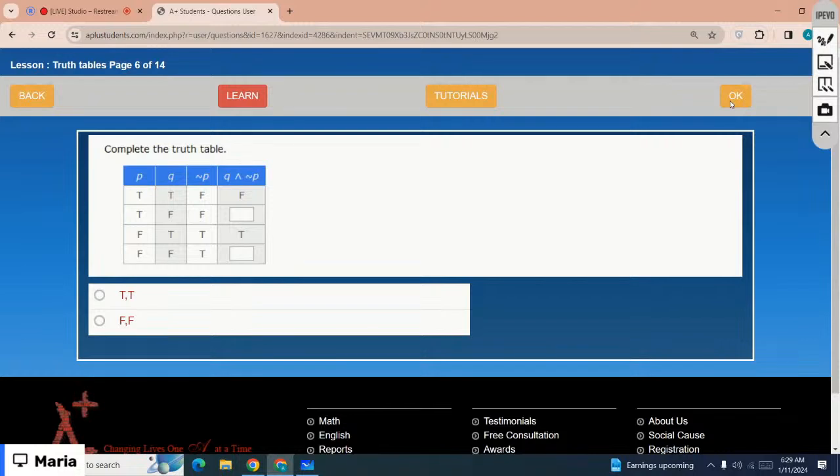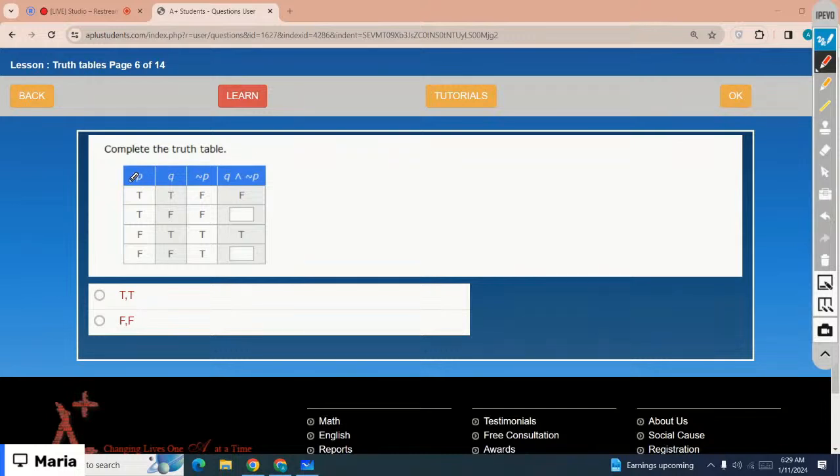Complete the truth table, right? That is and between P and not of Q. Here is P and here is not of Q. True, false, false. True, false, false. False, true, false.